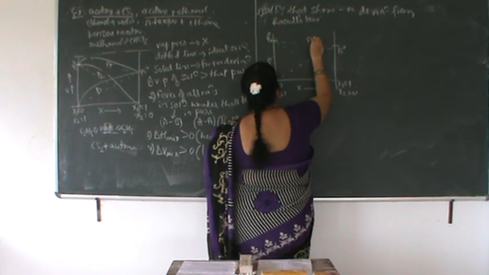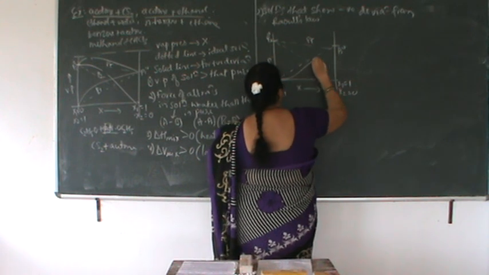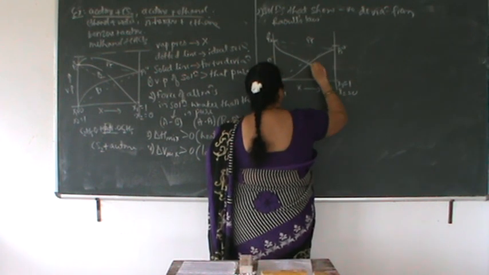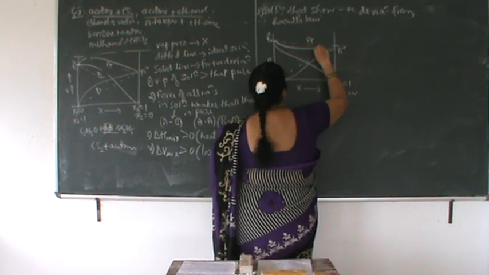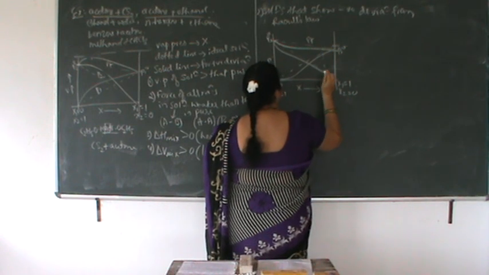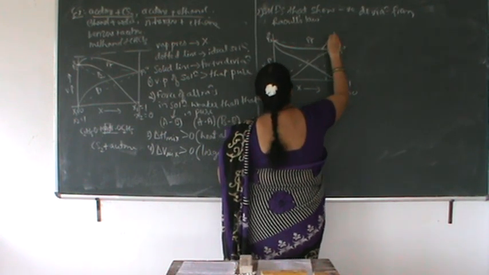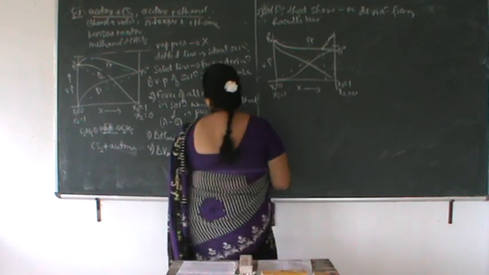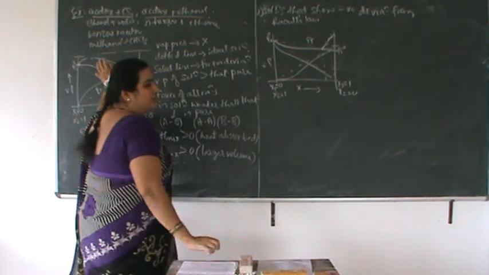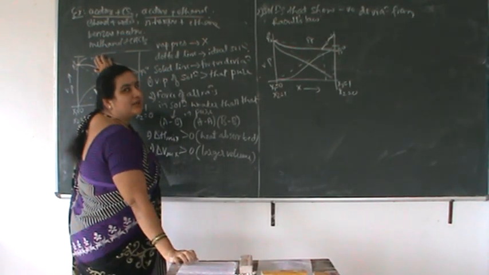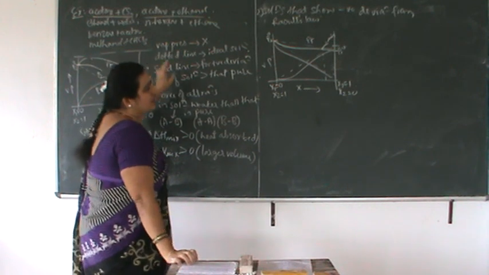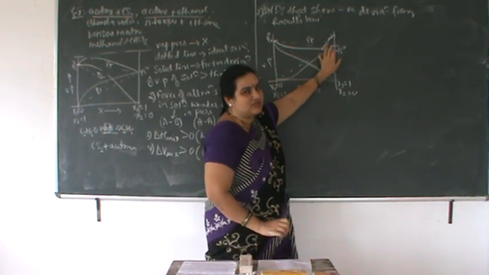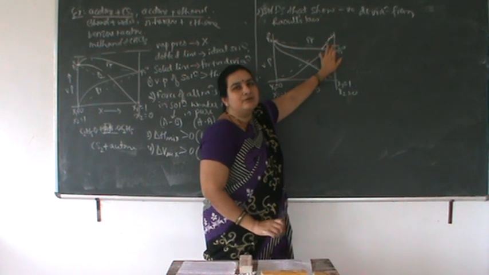This is the P total. Now the diagram will be like this, with a minimum vapor pressure. In the graph for positive deviation I showed a maximum vapor pressure, and in the negative deviation I have shown a minimum vapor pressure.